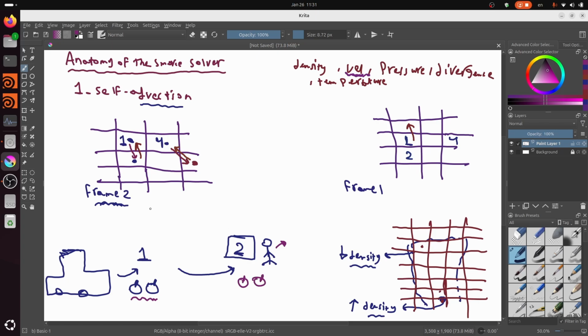And this is what happens. So also in frame 3, for example, Houdini will go backward with the velocity of each voxel, and will search for the value of the previous frame. Let me draw frame 3.